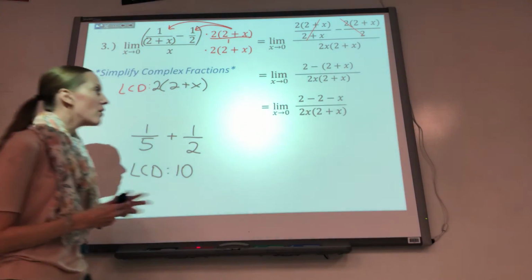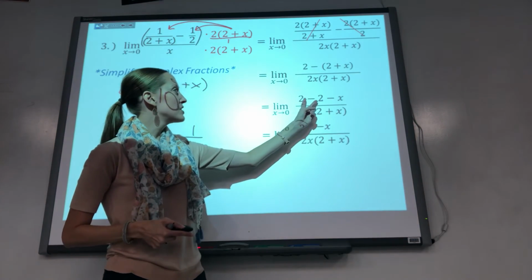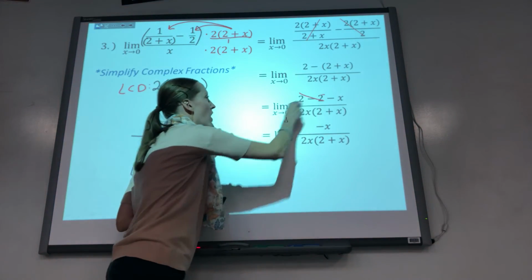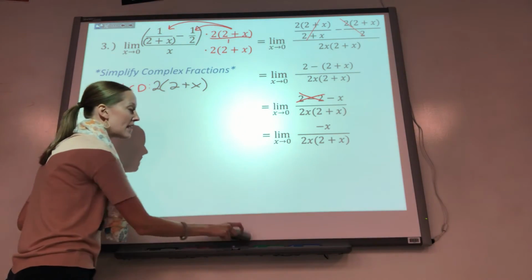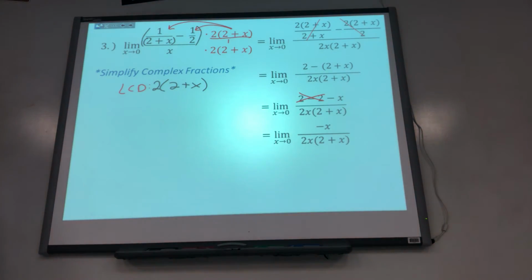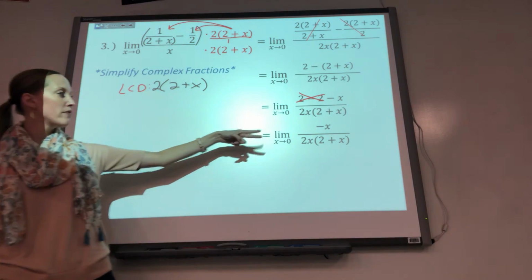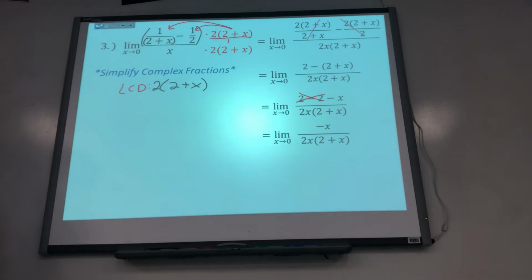All right, let's keep going with this. 2 minus 2, you maybe spotted that already. Those are going to drop off. So now on top, you just have negative x. All right, we're doing a lot of simplifying here. Is there anything else you could simplify on top and bottom?